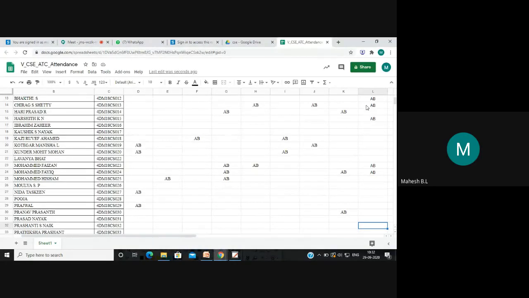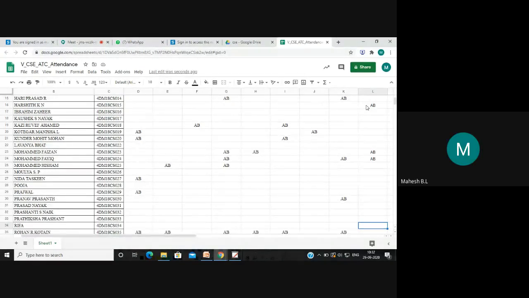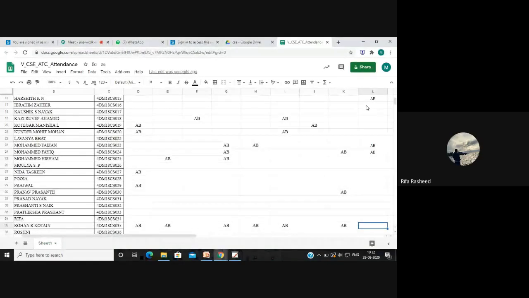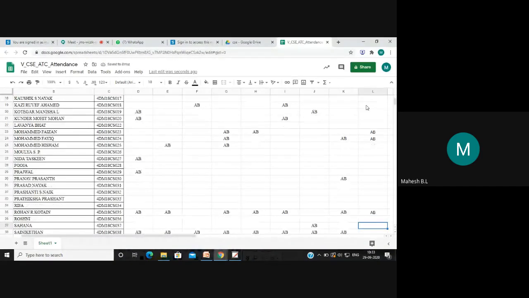Pratiksha, present, sir. Rohan, present, sir. Roshni, present, sir.